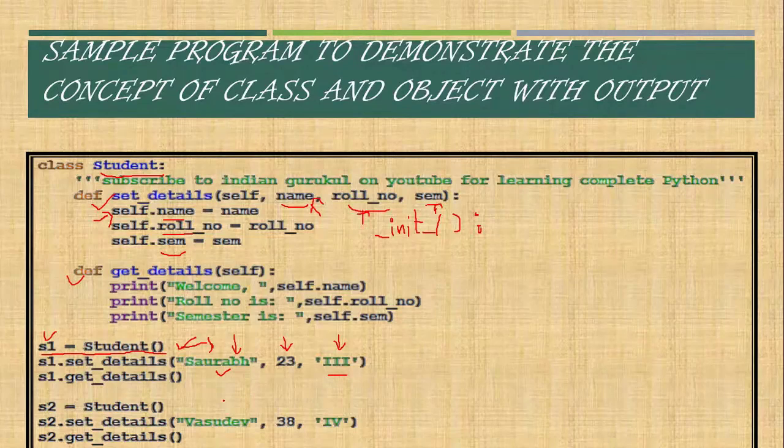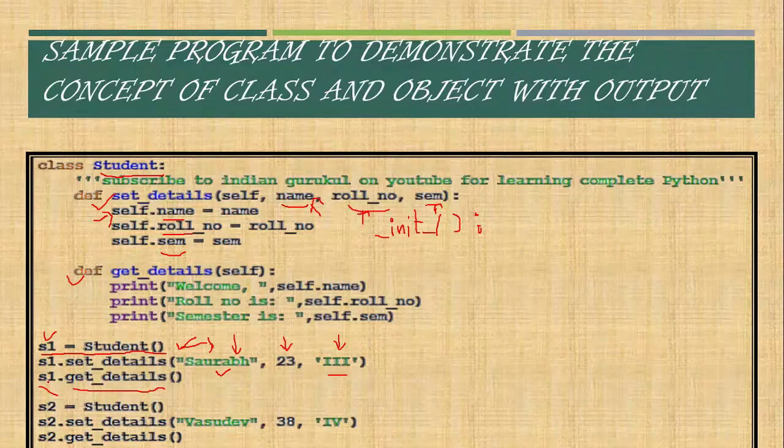So the name of the student will be Vasudev, the roll number is 38, and the semester is fourth. And then I've also executed the get details method. For executing this method, we first need to write the name of the object, then the dot operator, and then the name of the method.